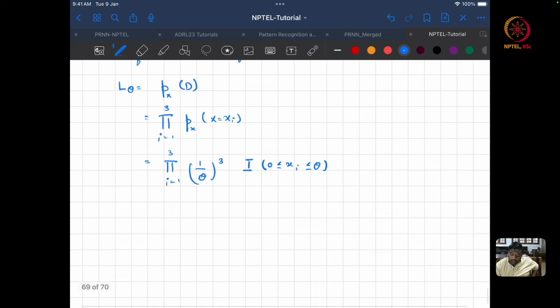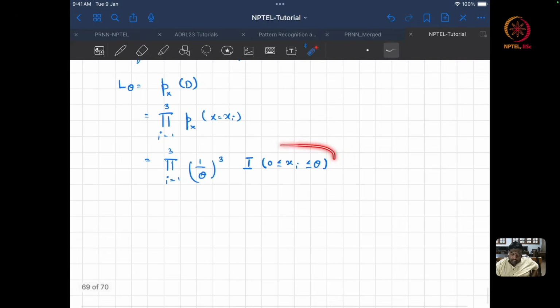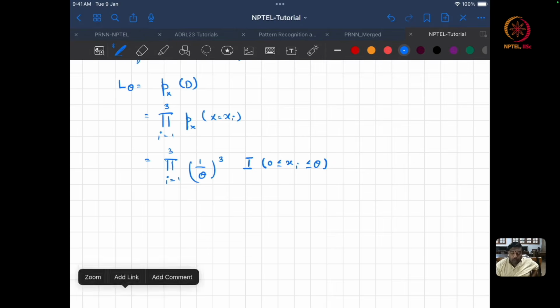In this case, the indicator random variable will take the value 1 if this xi is in between these two values. And this is a product of three indicator random variables. A product of three indicator random variables will take the value 1 only when all of them are in bound.